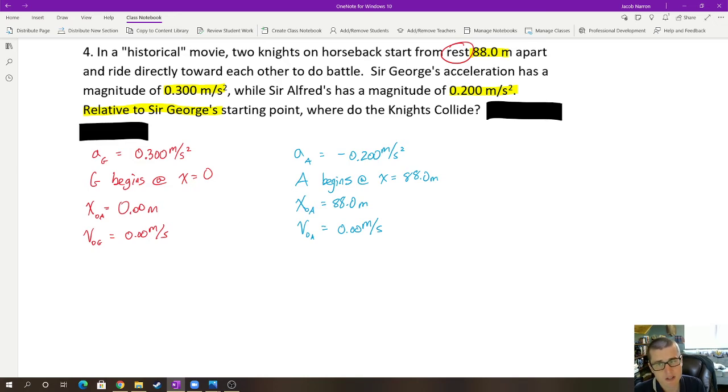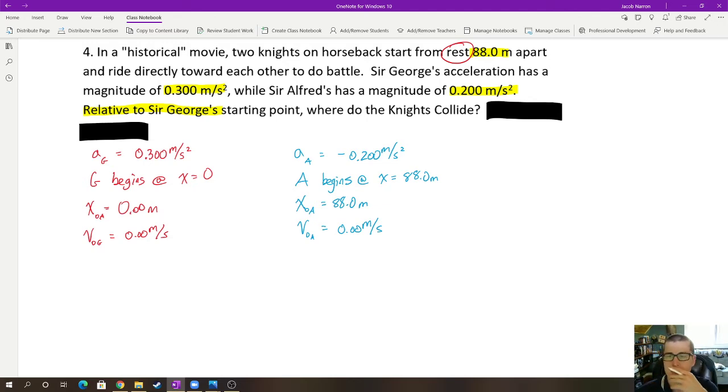Notice I haven't said anything about time yet, but think about it. They're going to be going the same amount of time until they collide somewhere in the middle. So as I look at my equations that I have, I know that I'm looking for where the knights collide. So somewhere in here, I'm going to be looking for x final. I'm looking for the final position of both of these relative to George.